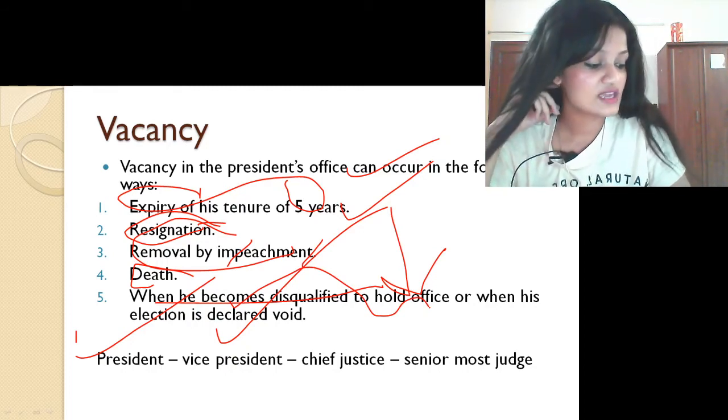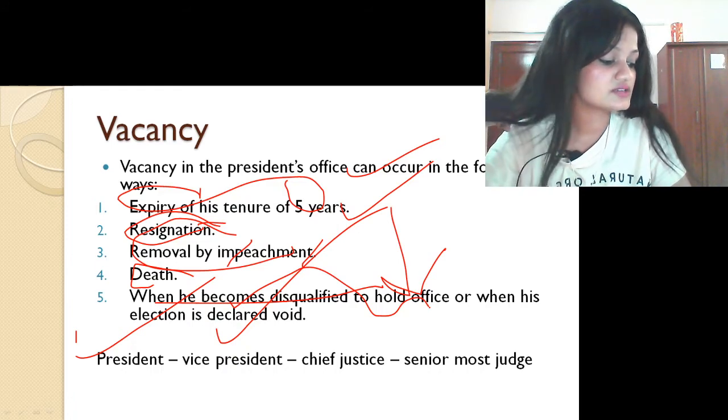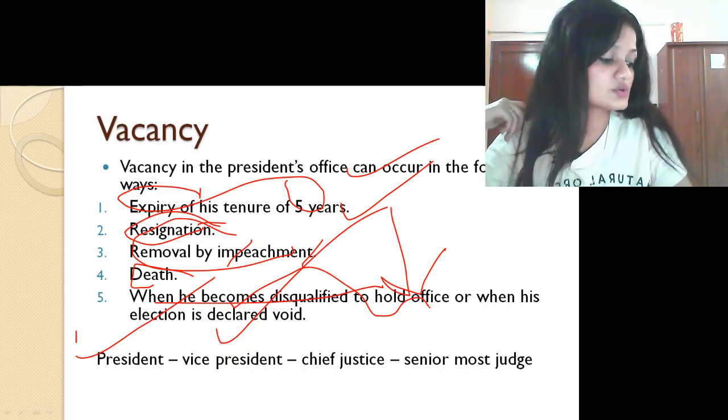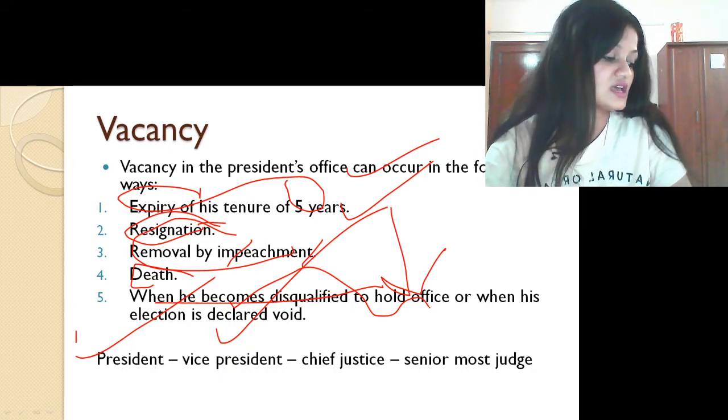In case of vacancy arising by any other reason, an election to fill the vacancy must be held as soon as possible, and in no case later than 6 months from the date of the occurrence of the vacancy.